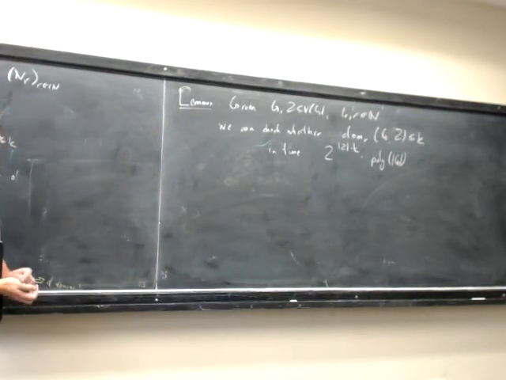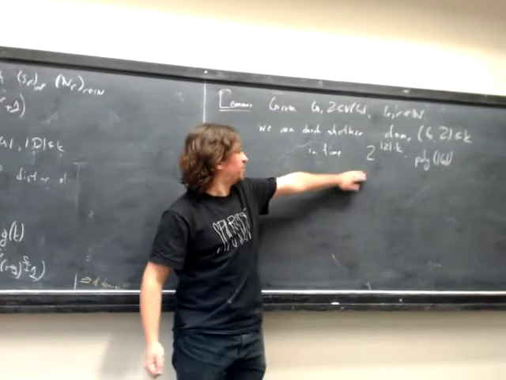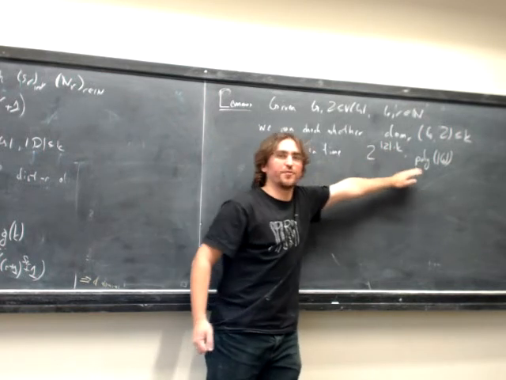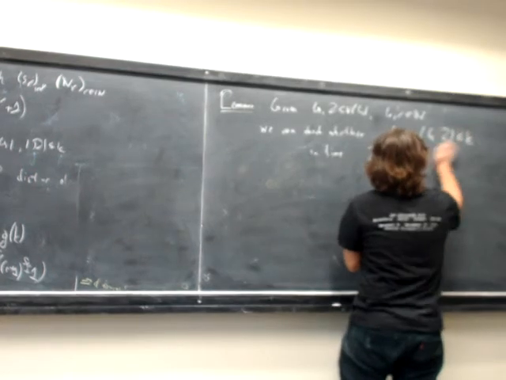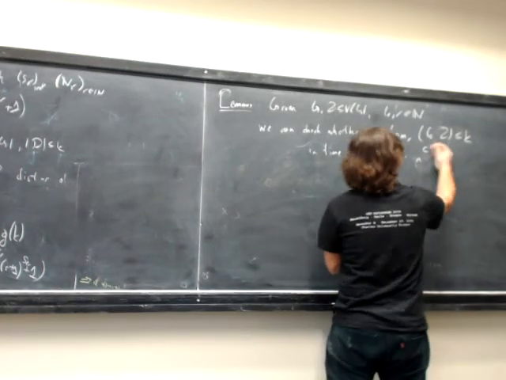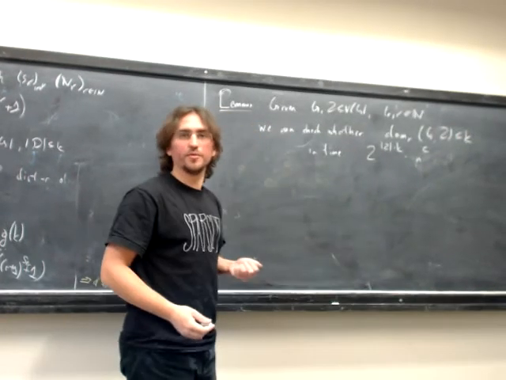Note that now this running time will be like a function of k times a fixed polynomial. Maybe I can write it as n to the power c to be compliant with how we denoted it before.